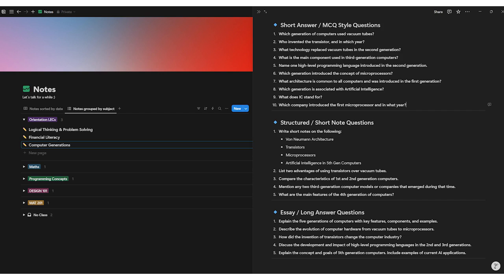The summary: in first generation we used vacuum tubes for circuitry, the time period is 1940 to 1956, and examples are ENIAC and UNIVAC. Second generation's key technology is transistors, and the time period is 1956 to 1963.